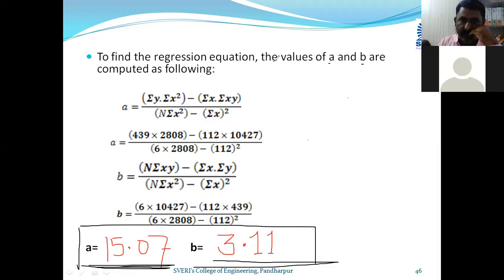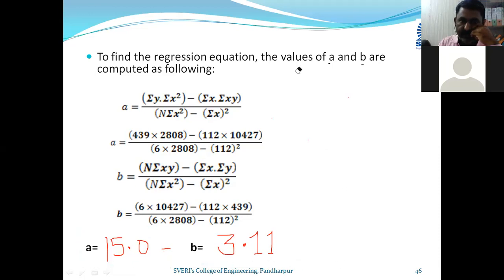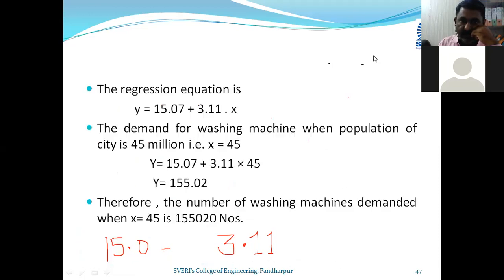So let us proceed to writing the equation y is equal to A plus bx. I will proceed to the next slide. Just 15.07 as the value of A and B value 3.11. Now I will erase those values.